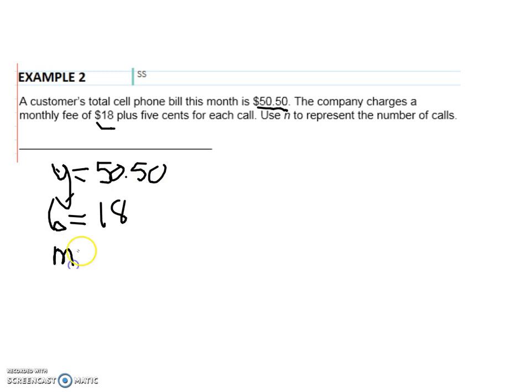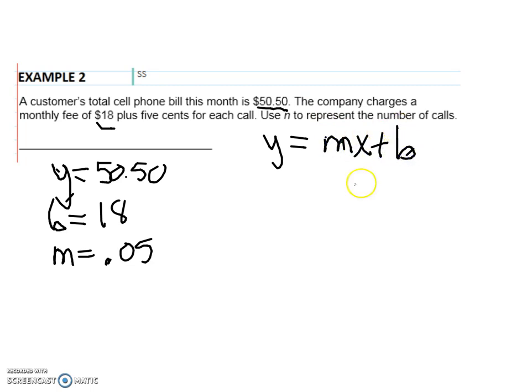That's my constant rate of change. My constant rate of change is 5 cents. So if I'm writing it in the y equals mx plus b format, it's going to look like this. 0.05x plus 18 equals 50.50.